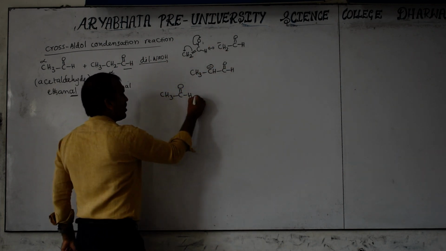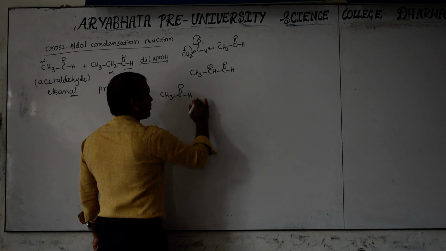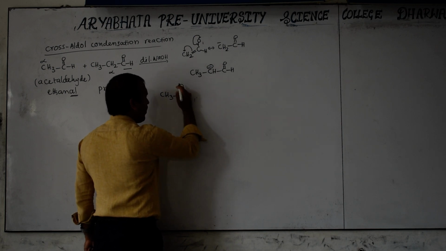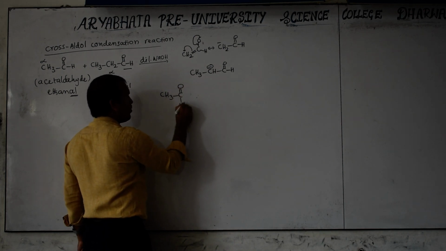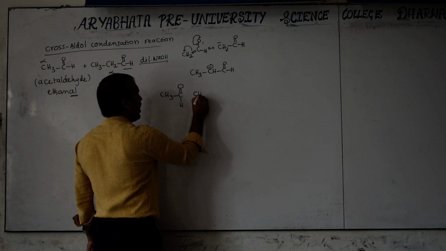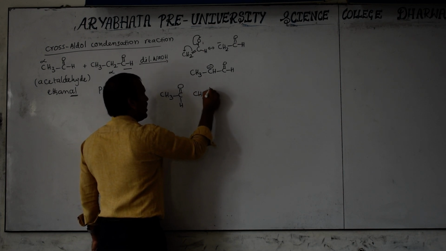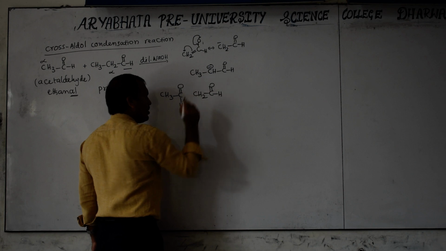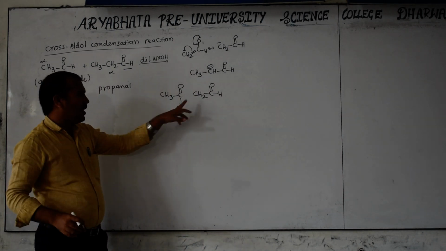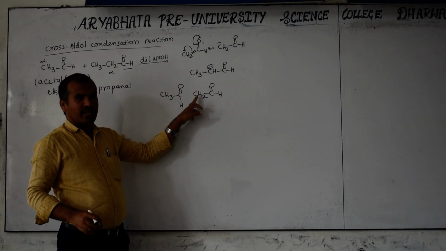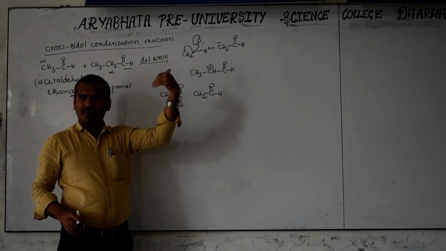I will write this down. CH2 C double bond OH. Actually, one hydrogen is there. That hydrogen is taken by the OH minus, and it is lost as a water molecule.